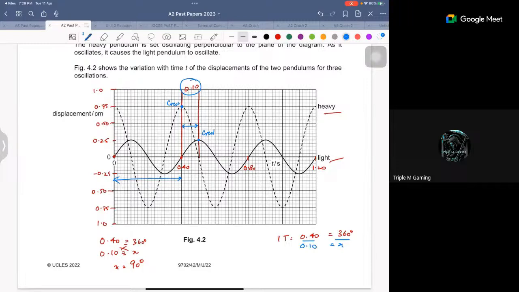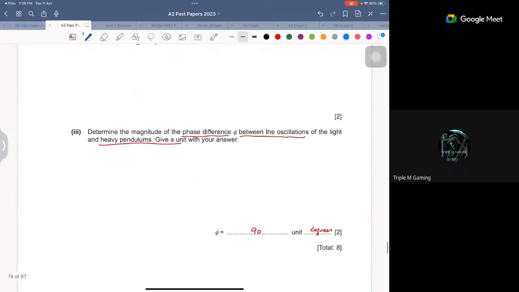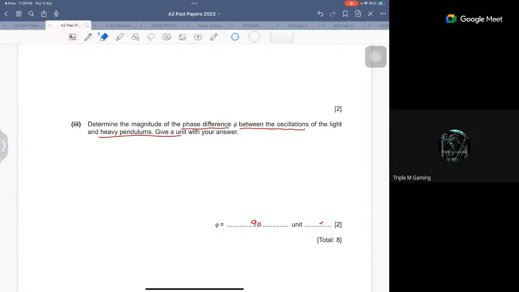In the mark scheme, the answer is given in radians. You can convert that into radians as well. If you want to convert it into radians, it's very easy. Pi radian is equal to 180 degrees, by the way. So 90 degrees will be equal to how much?